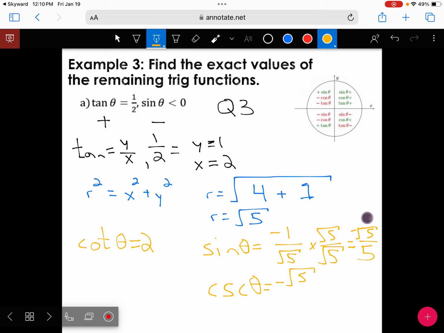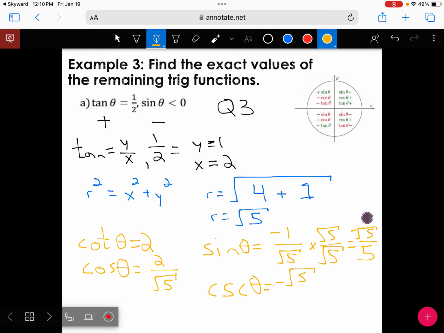Yep, so I would always start with one of the main ones. So I would always start with tangent, sine, or cosine. And so cosine, looking back at the board, is x over r. So what do we say our x value is? 2. And then what do we say our r value is? Root 5, yep.